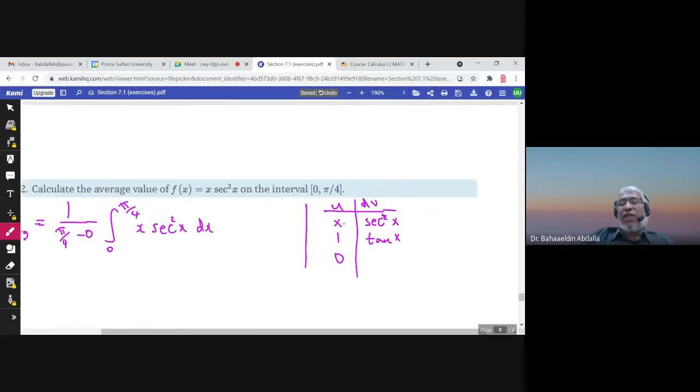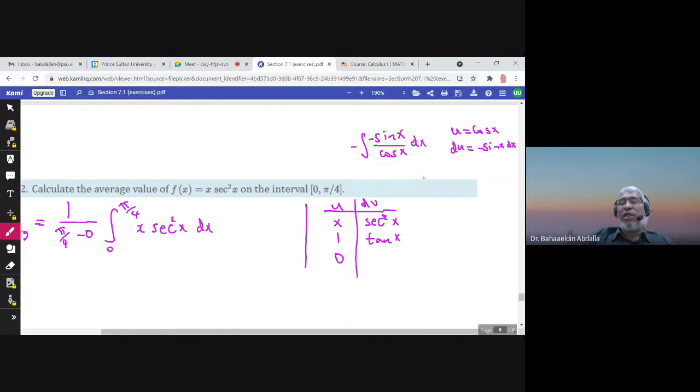And to find the integral of tan, I think we should memorize it, because it may come up a lot, but we can find it quickly by writing it as sine over cosine, and then we choose u as cosine, and du would be negative sine x dx by substitution.